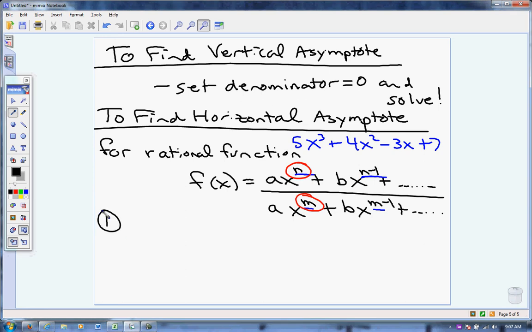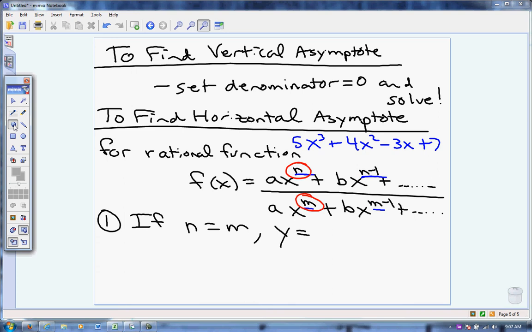Rule number 1. If n equals m, and we actually just saw this example just a minute ago. If the highest power of the numerator and the highest power of the denominator are the same, then y equals, before I write this, I need to change my letters here for a second, otherwise this is going to get confusing.